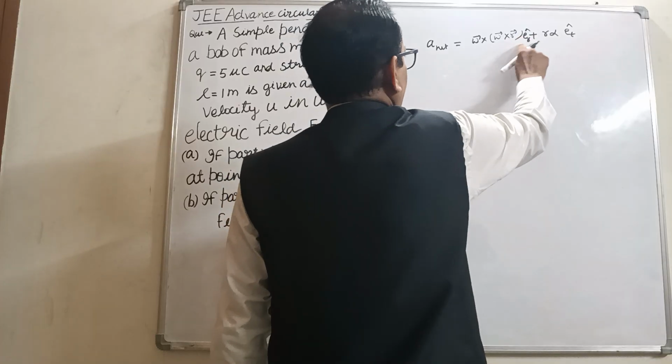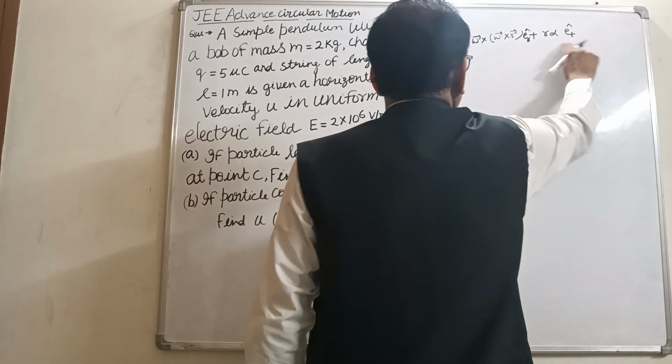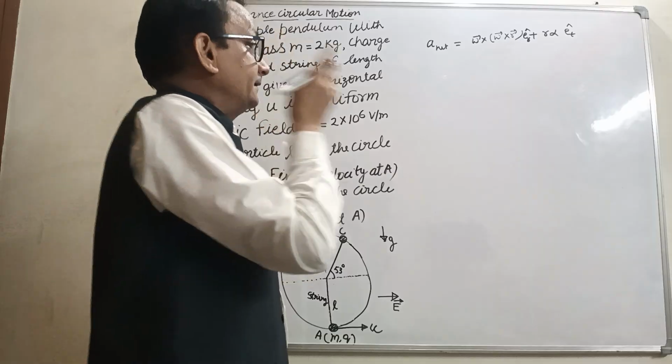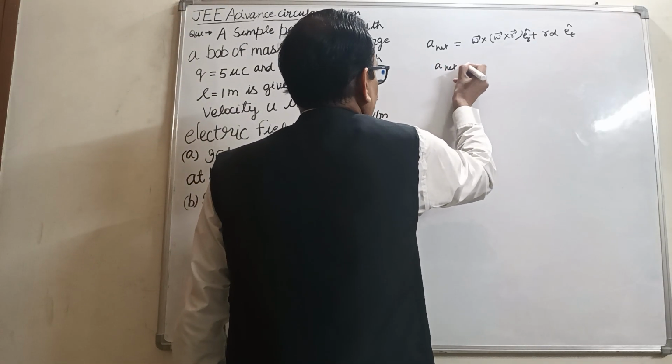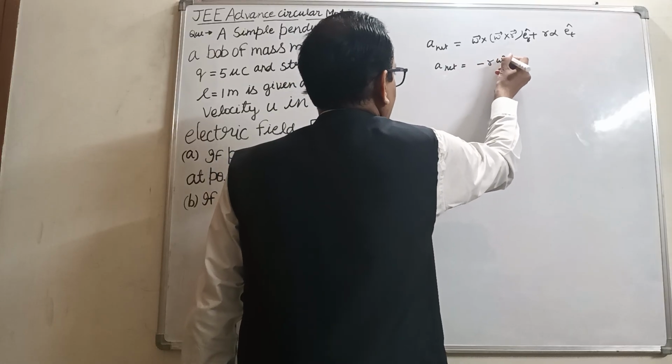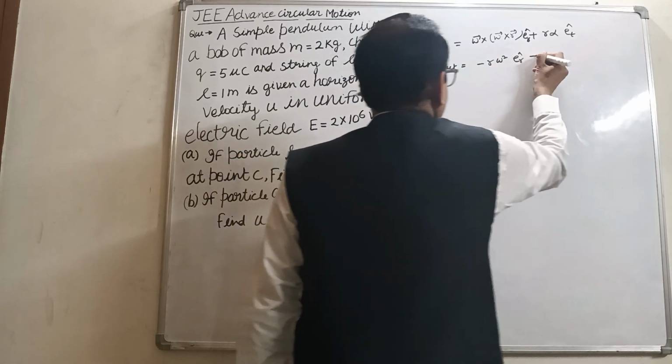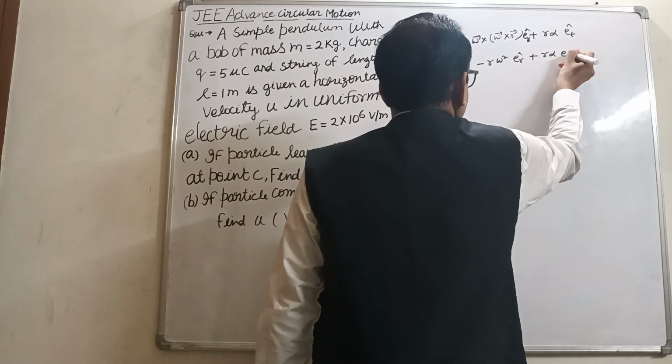This is the radial unit vector, this is the tangential unit vector. So a net would be minus r omega square er cap plus r alpha et cap.